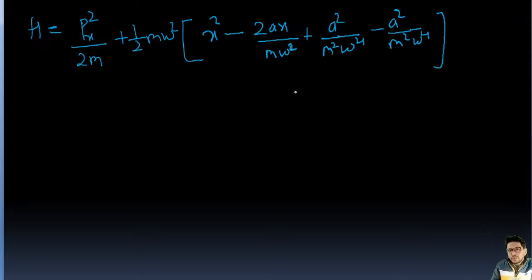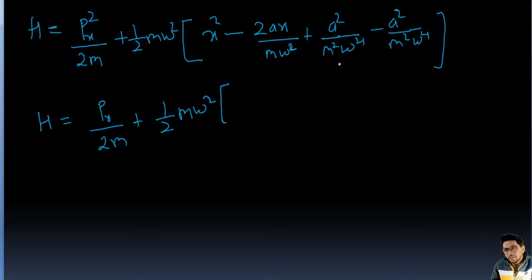If you do that, it is not going to change the expression. So it is going to be H equal to px square upon 2m plus half m omega square. This is a very important step, guys, because we need to make a perfect square so that we can get the answer.